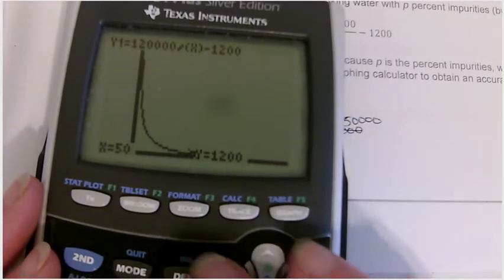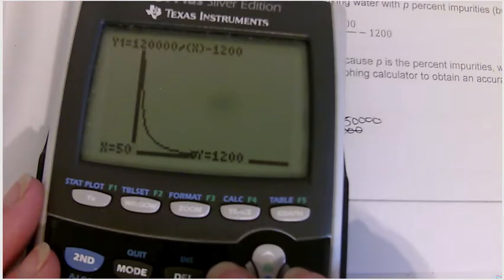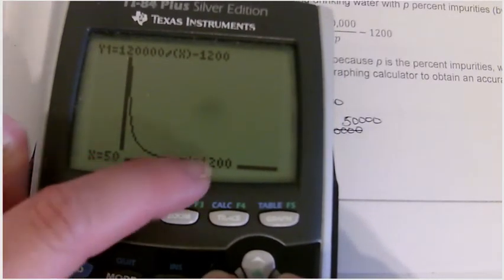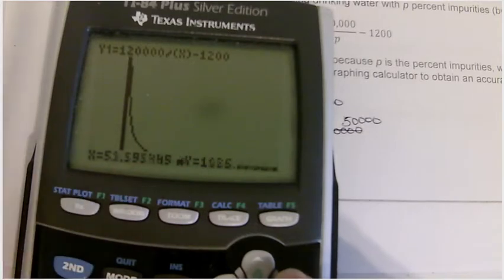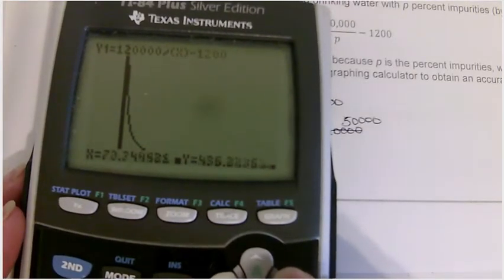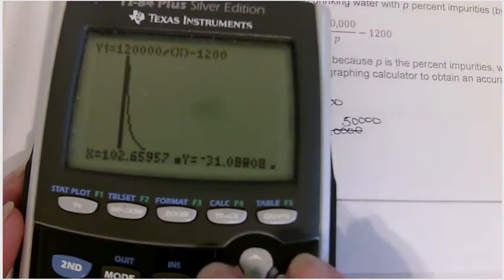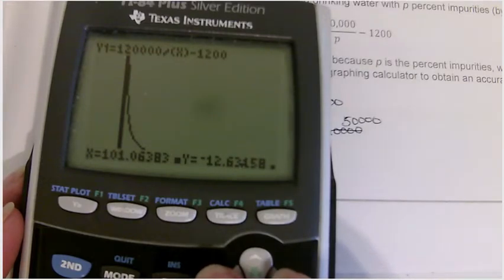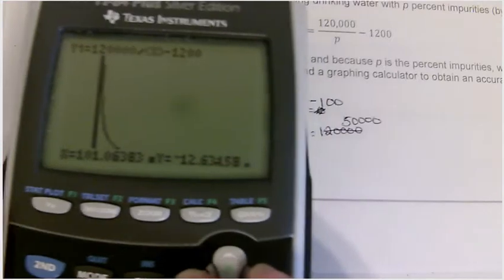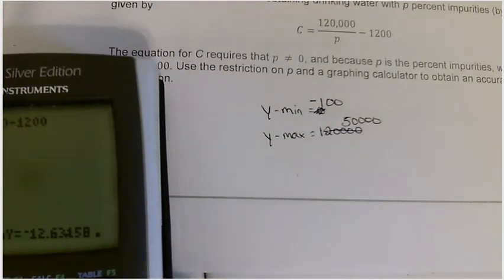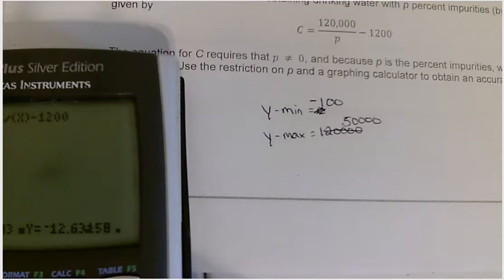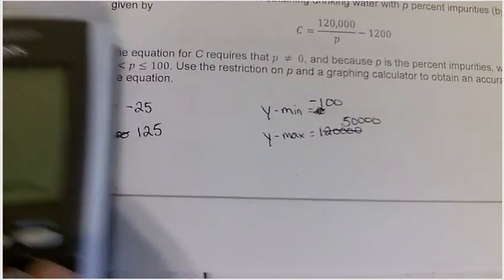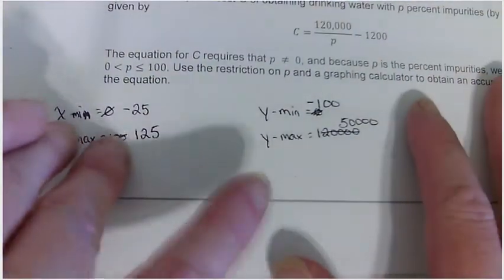So I'm going to try the trace feature. And right there, it's at 50% purity, and we have 1200. And notice as I go down, both the X and the Y are going down. And once I get past that 100%, the cost is going negative. So that's not good either. But we can kind of play with the windows. And that's what we'll be doing here in a second.